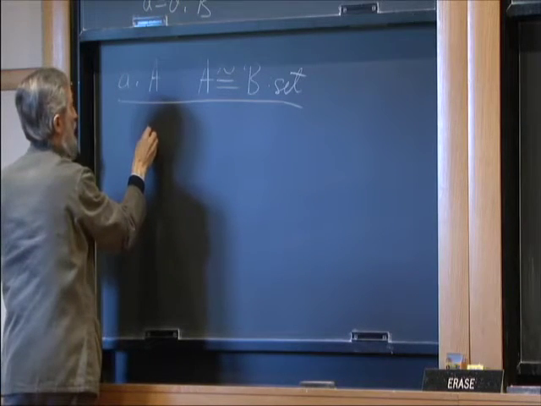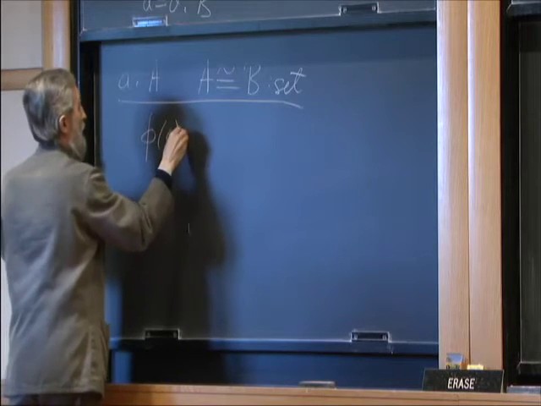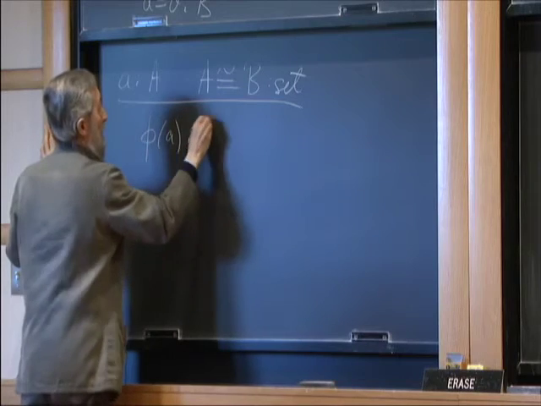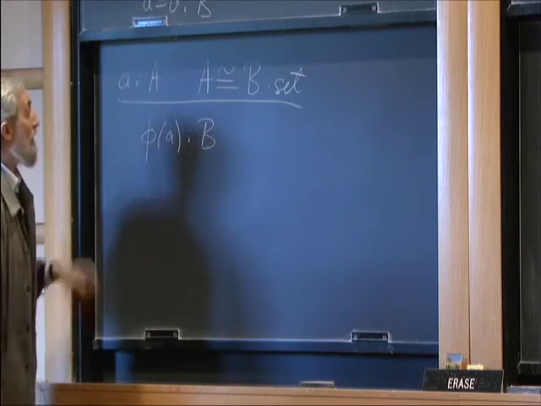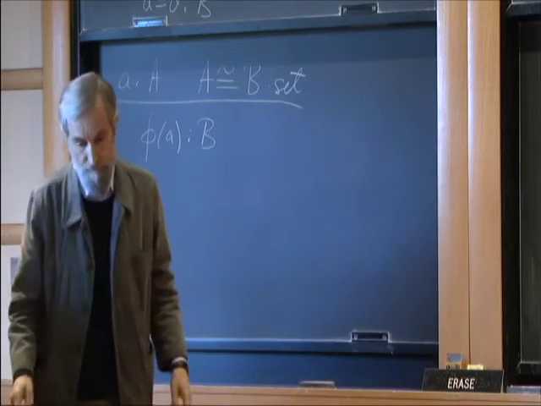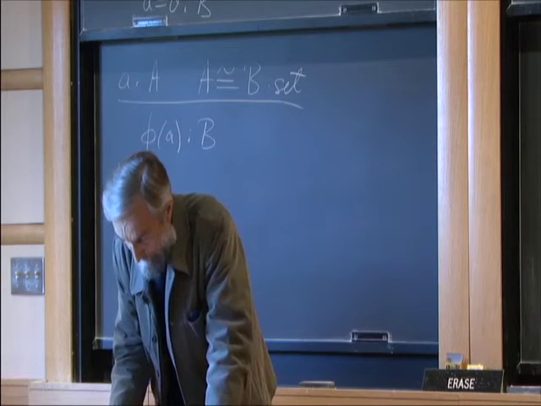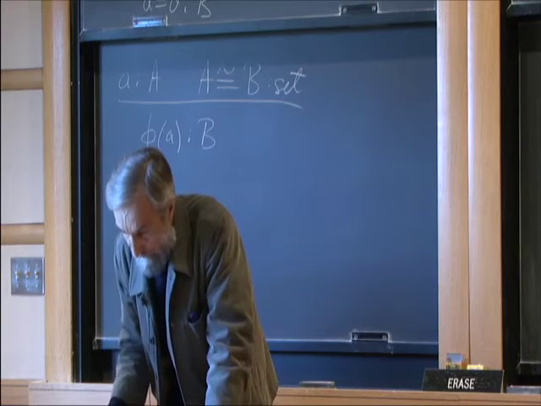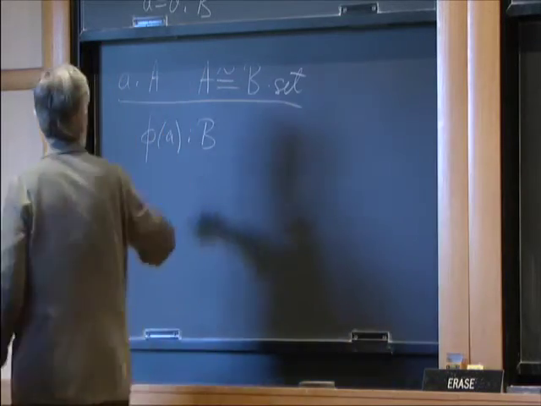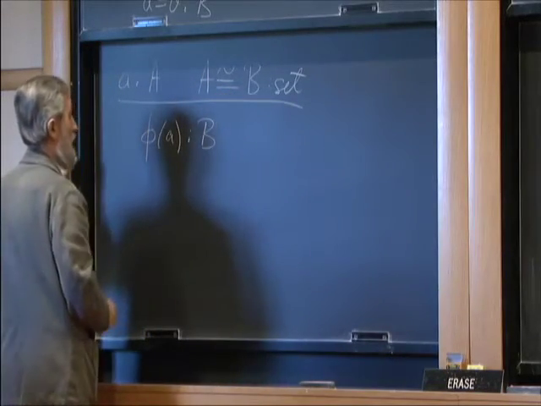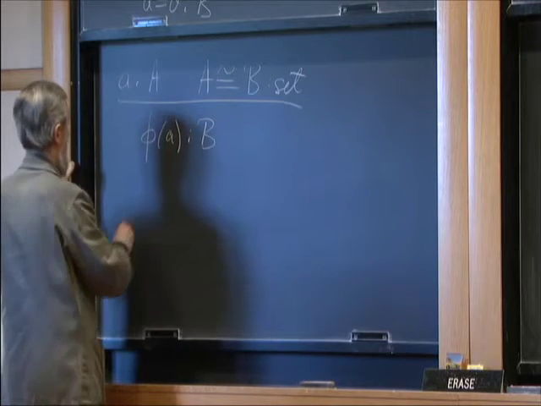There will always be a coercion that has to come in so that we only get phi of a is in B. And similarly, of course, in the other case. So these are the laws. It's laws of this kind that we should expect if we start going that way to introduce isomorphism there.